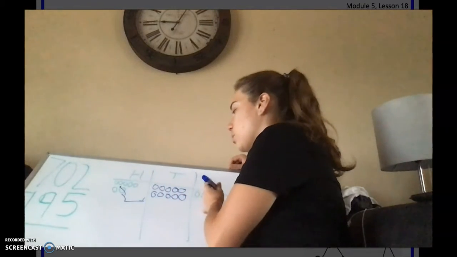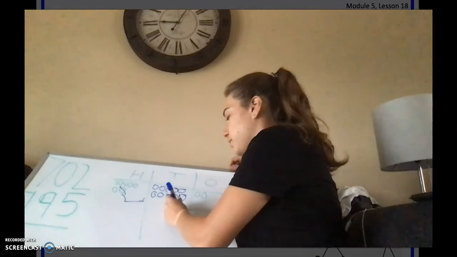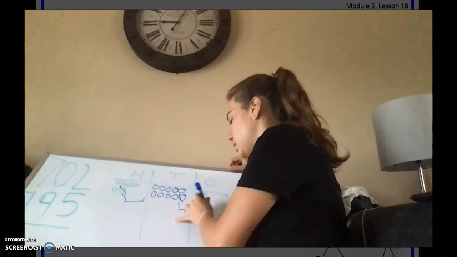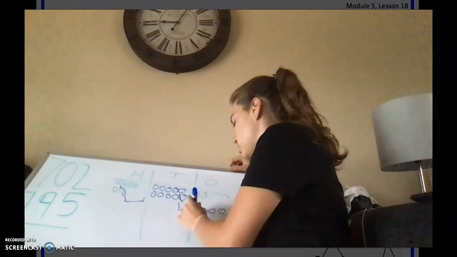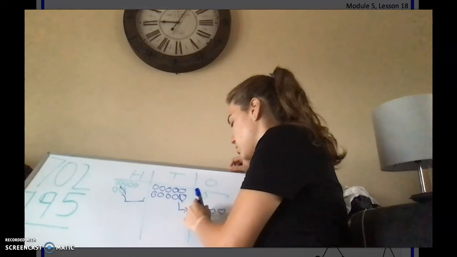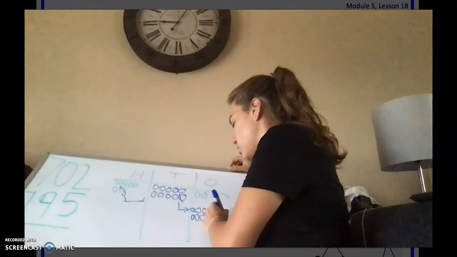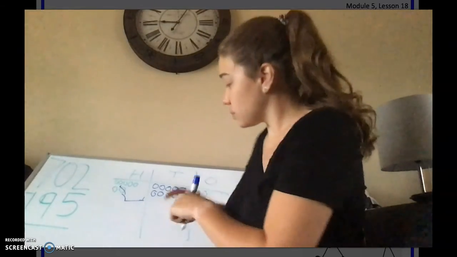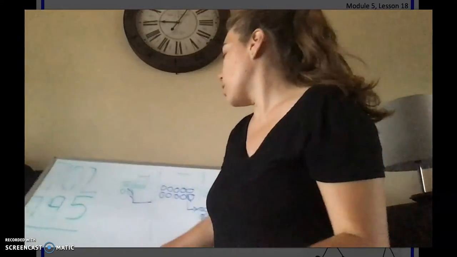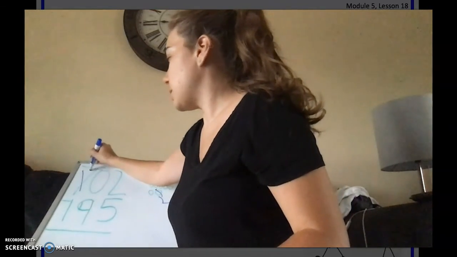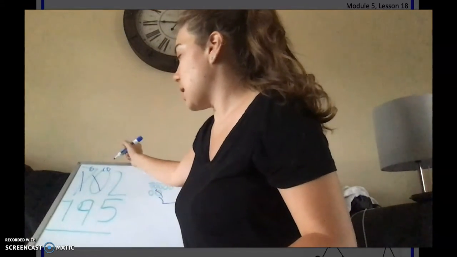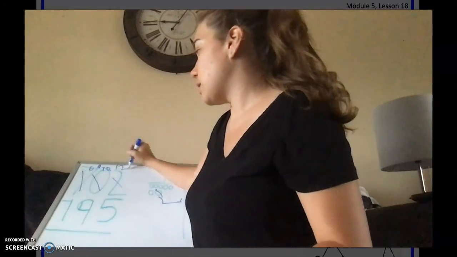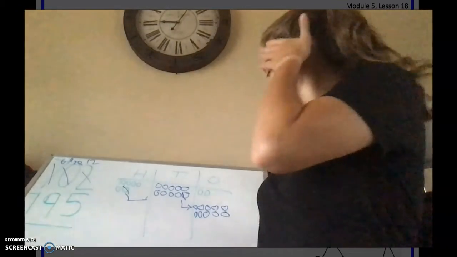But we still need those in the ones column, so we're going to take 1, and we're going to trade that in for 10 ones. So now there are only 6 hundreds, and there's 9 tens, and now there's 12 ones.